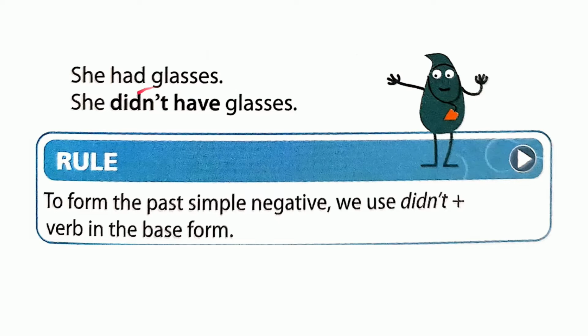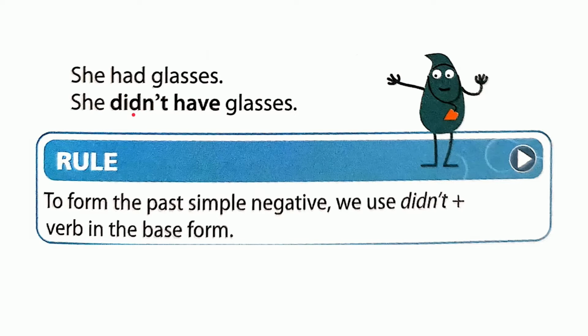However, for past simple negative, you use didn't with the base form of the verb, have. You do not use didn't had, you use didn't have. That's because didn't is already past tense, did not. So you don't use a double, redundant past. You only use the past once.